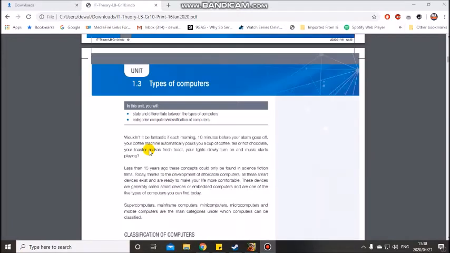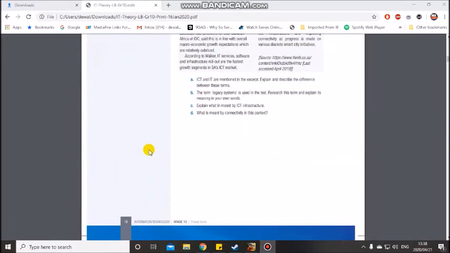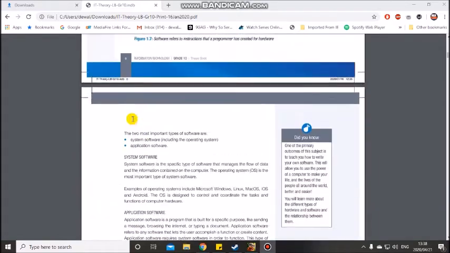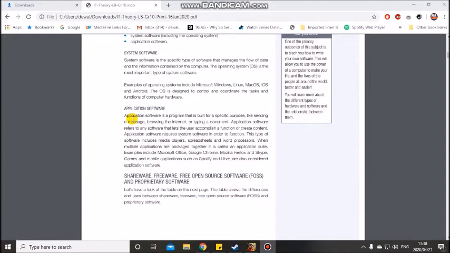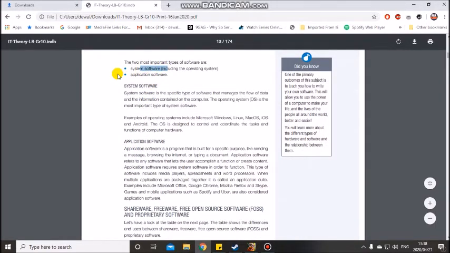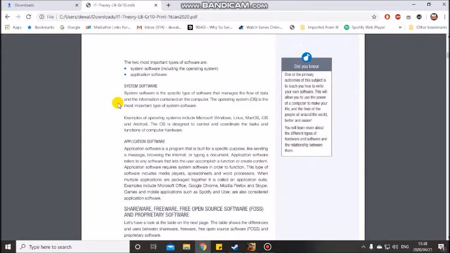Okay, then the two main types of software that we get. The most important types are system software, which includes the operating system, and application software. System software is the specific type of software that manages the flow of data and information contained on the computer.